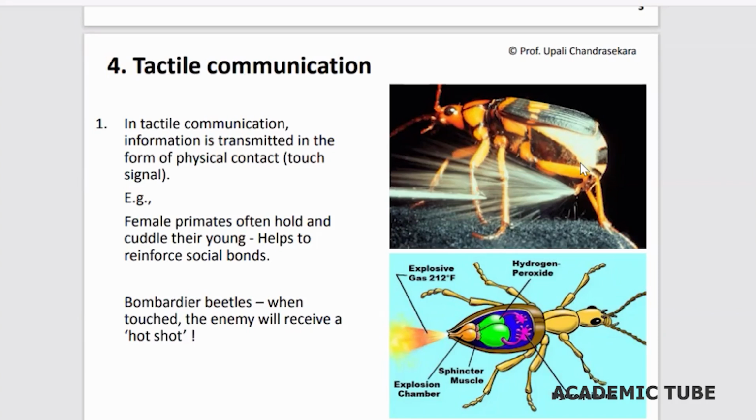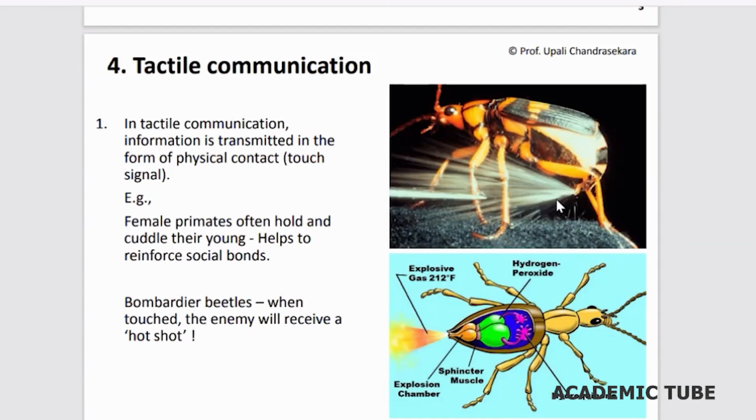That's the response given by the bombardier beetle if you touch it, right? So you touch, that's your signal. The bombardier beetle receives it and understands the signal, and it responds. Now, the releasing of this hot chemical is its form of communication, how it responds, right?